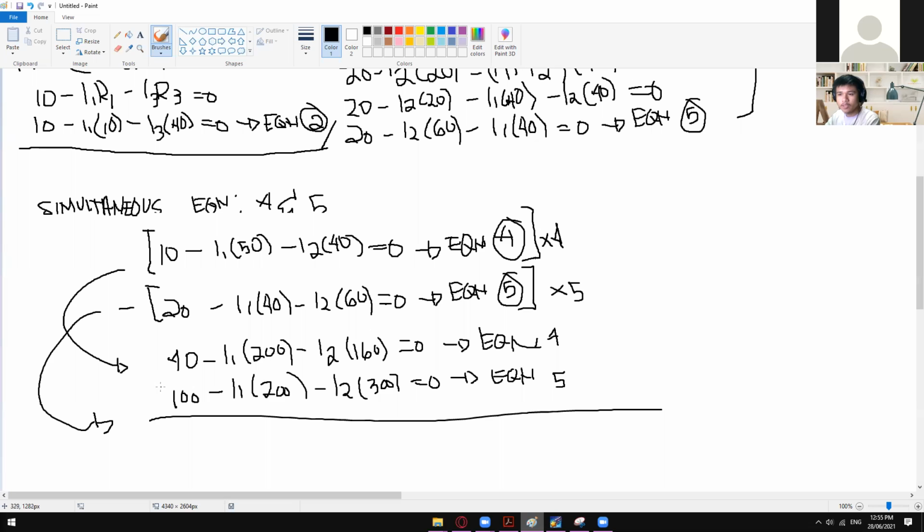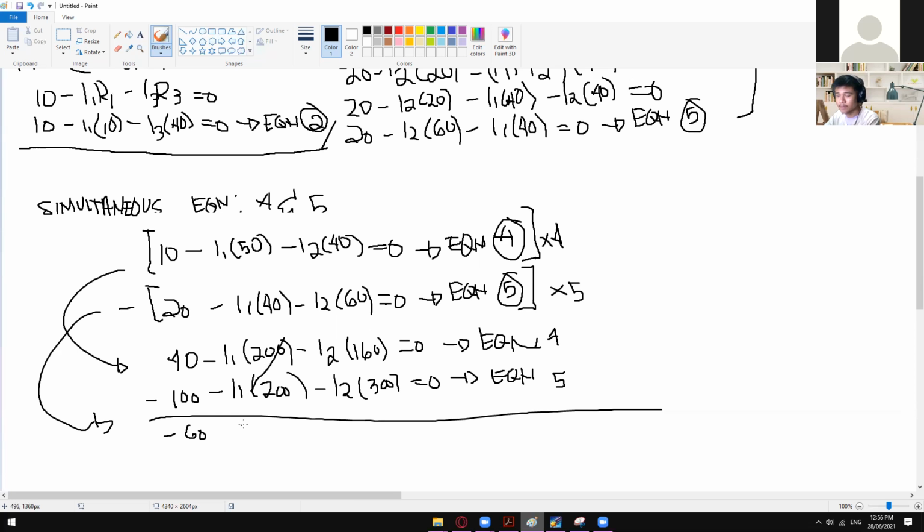And then we can multiply this one by negative, or we can simply deduct this one so that we have 40 minus 100 will give us negative 60, and then minus times minus will become positive. So all in all, this will become positive I1 times 200, so this will be cancelled.